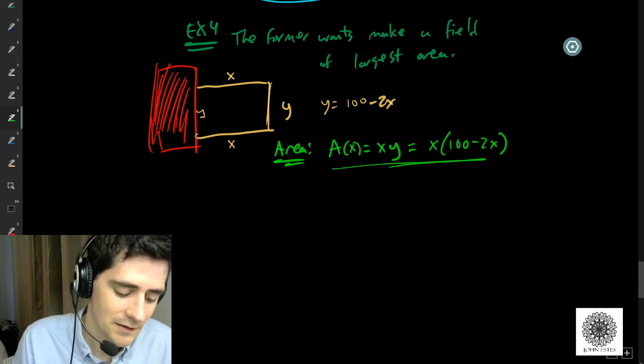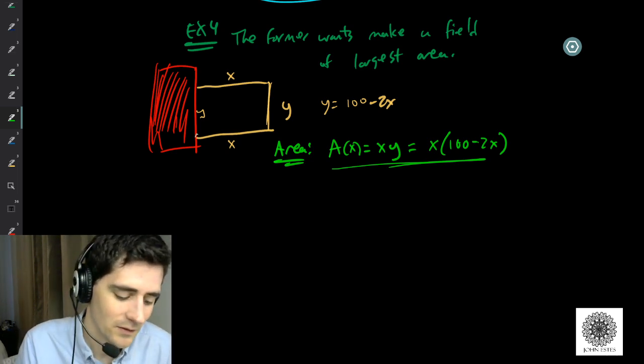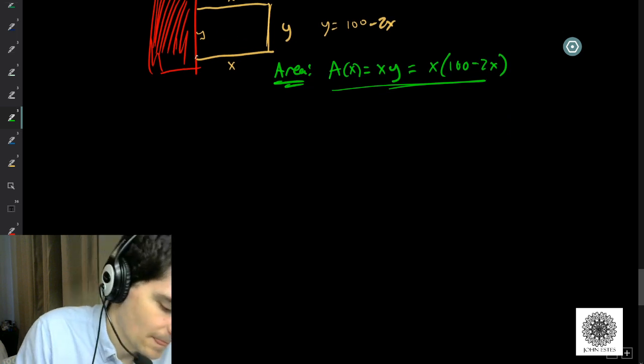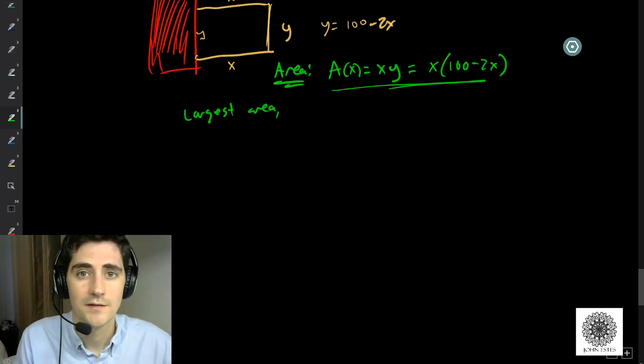Okay, so if I change x, I get a value of area. Area is the output. So now when I say the largest area, that means the highest point of my parabola.